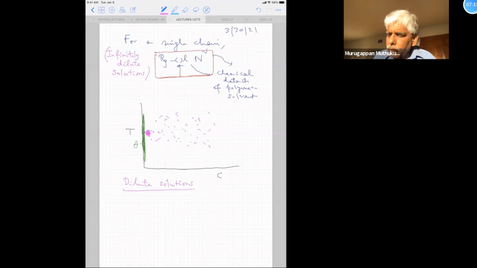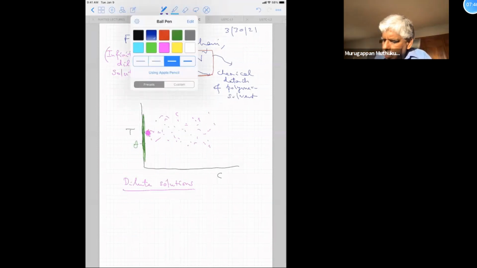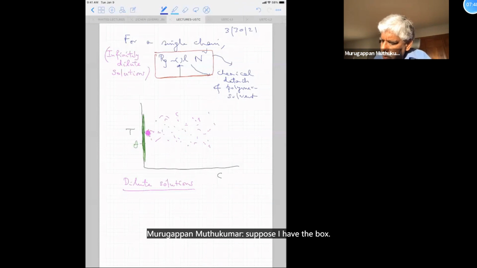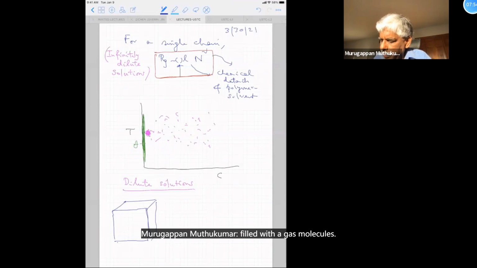So what I'd like to remind you of, from your elementary courses, high school, and undergraduate programs, is this: consider, for example, a gas. Suppose I have a box filled with gas molecules.